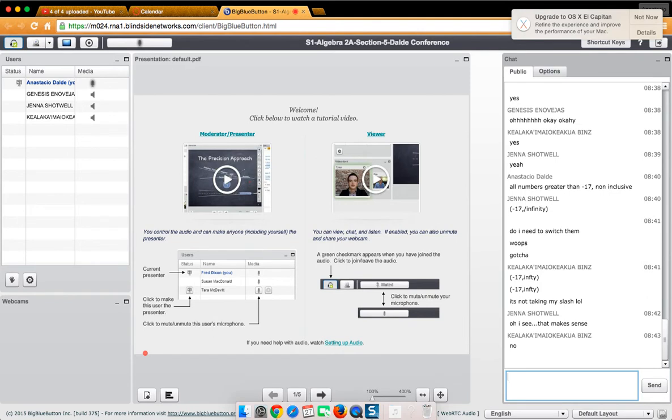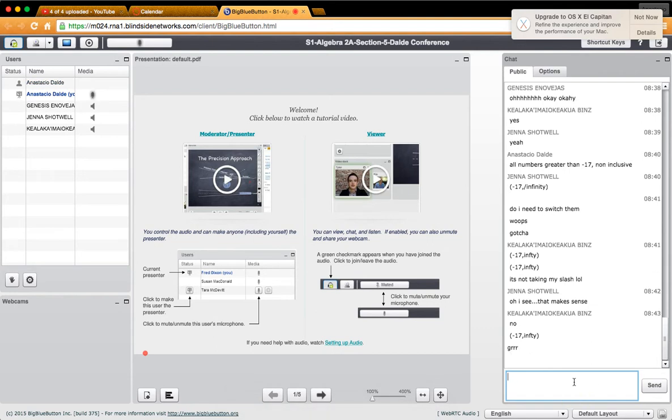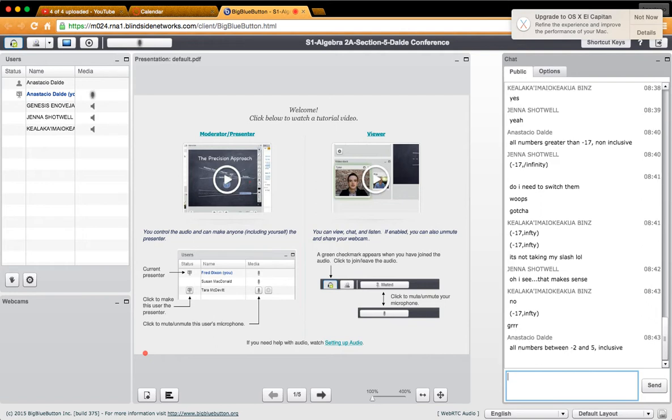So let me type up some of the problems for you. How would I do all numbers between -2 and 5 inclusive? All right, I want you guys to put in that for me while I try to get this thing up and running.